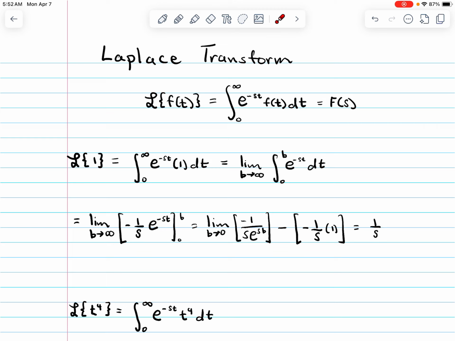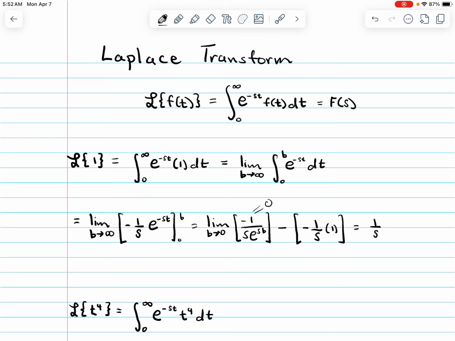When I plug in a b for the t and let b go to infinity, notice what happens. This thing goes to 0, because the bottom is blowing up and the top is just staying constant. So the limit as b goes to infinity of this part is just going to be 0.